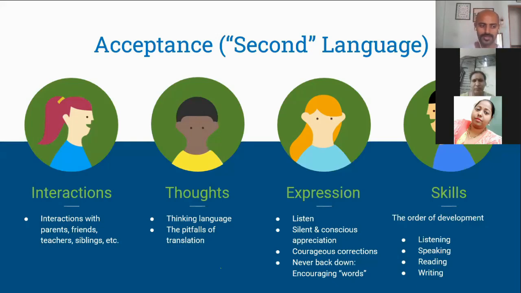But as far as social interactions are concerned, if you start speaking English, then people will try to put you down. This happens a lot of times. If you are speaking in English, then people don't find you very open. They'll find you a bit stuck up and things like that.